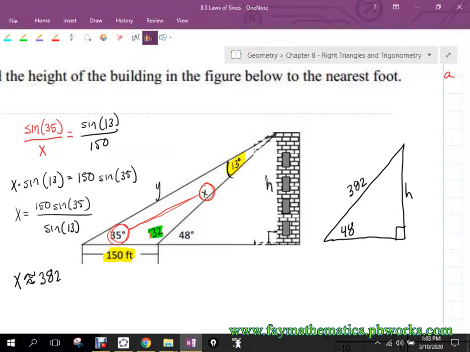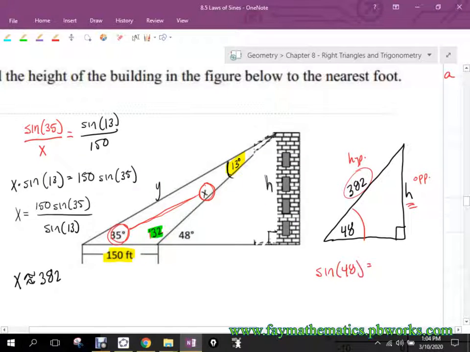What trig ratio will allow you to use with this 48, that segment there, and that segment there? Sine. That's opposite, and that's hypotenuse, right? So let's say the sine of 48 is equal to opposite over hypotenuse, correct? What do I multiply both sides by? 382. So 382 sine of 48 is going to be the height of my building, right?